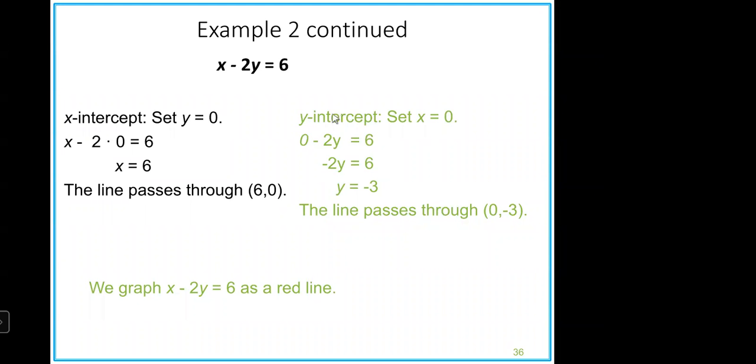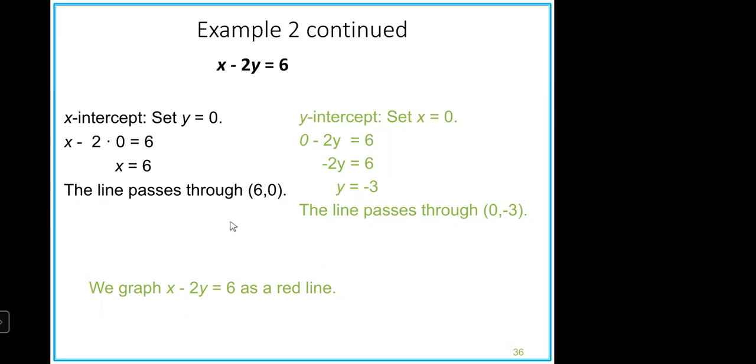And then to get the y-intercept, you're going to let x equal 0. So 0 minus 2y equals 6. So -2y equals 6, so y would be equal to 6 divided by -2, which is -3. So it's going to pass through (0, -3) and (6, 0). It's going to pass through the x-axis at 6 and the y-axis at -3.